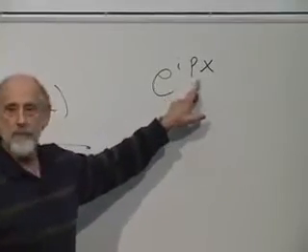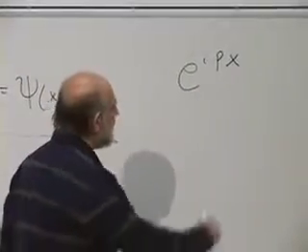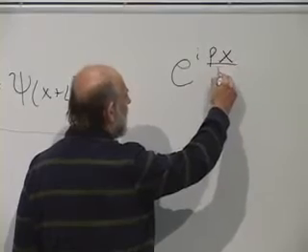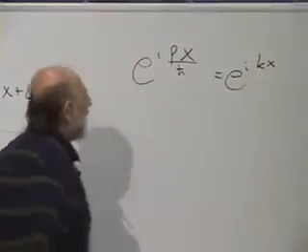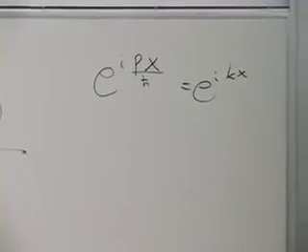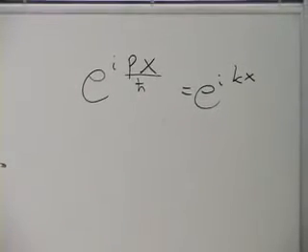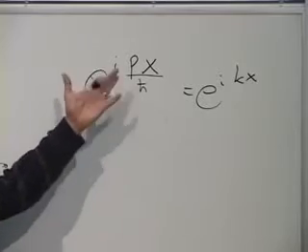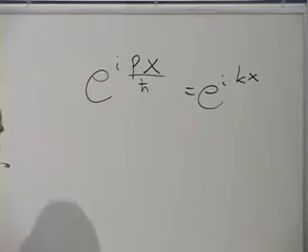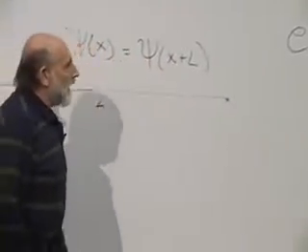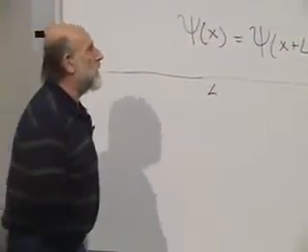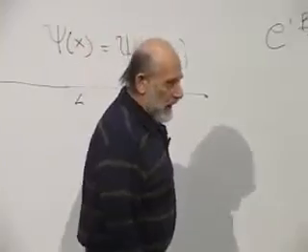I'm missing something, h bar in the denominator. And we often call that e to the i kx. k is just momentum divided by h bar. I think I'll use the k notation. Or you can simply work in units where Planck's constant is equal to 1, and then k and p are the same thing. Okay, this is the wave function, but it's not properly normalized.